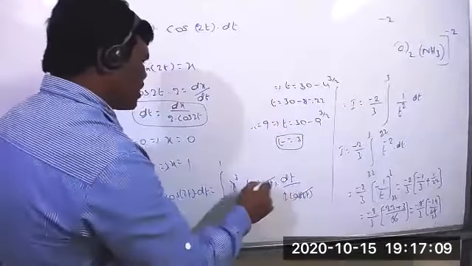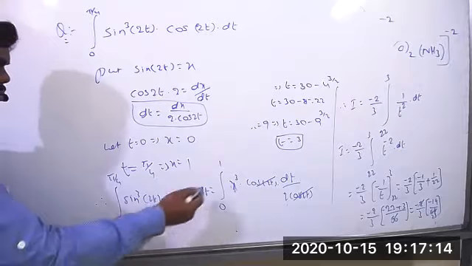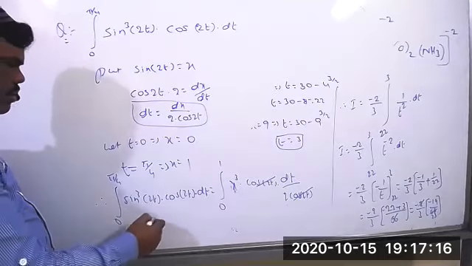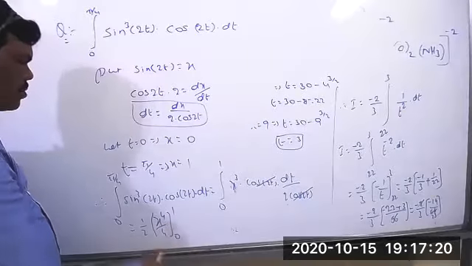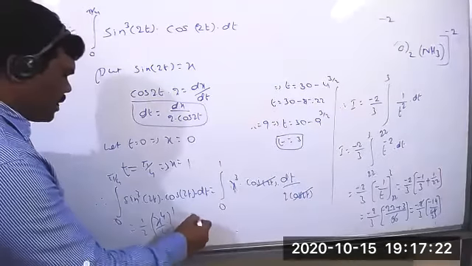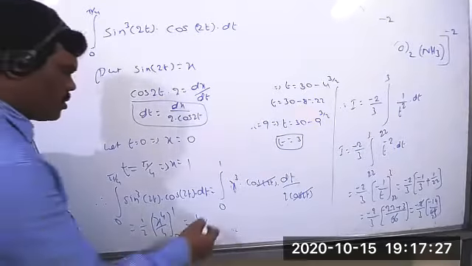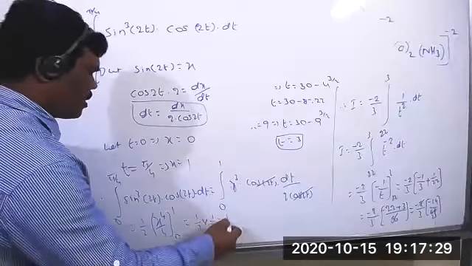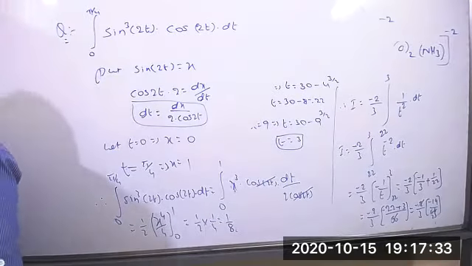Clearly these two will be cancelled now. So 1 by 2 you can take outside. So 1 by 2 into integration of x cube, we know that is x power 4 by 4. The limits will be 0 to 1. So now you can write 1 by 2 into, anyhow 0 will give 0 only, so 1 by 2 into 1 by 4 equal to 1 by 8.